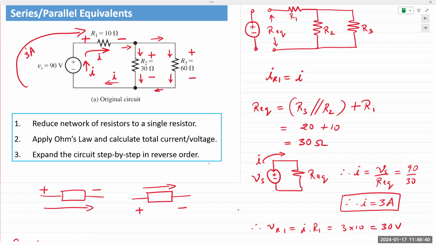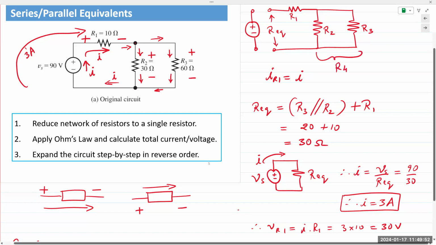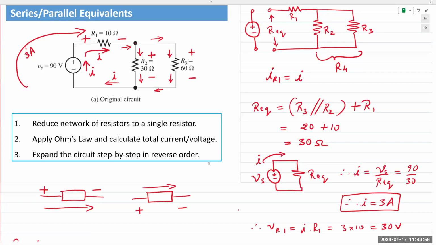Now, R2 and R3 are combined into one single resistance, which is R4. Well, actually, I didn't name it R4, but let's just note it as R4. R4 is not real, it's hypothetical. We combine it on paper, we know it is worth 20 ohms, right? It's a parallel combination. So we can find the voltage across this parallel combination of R2 and R3.